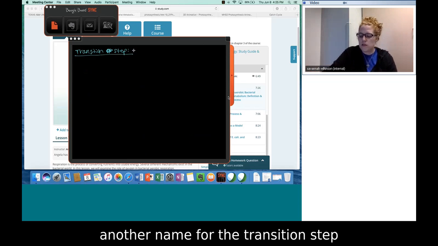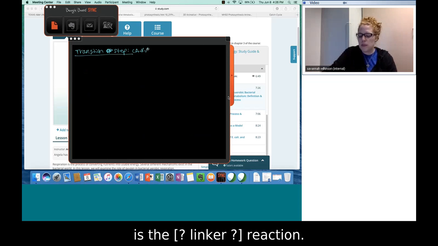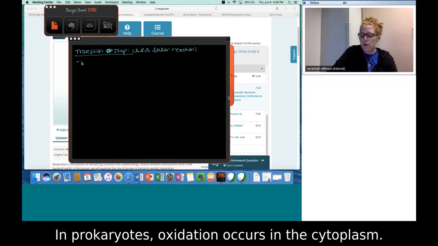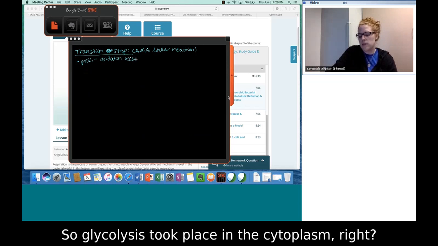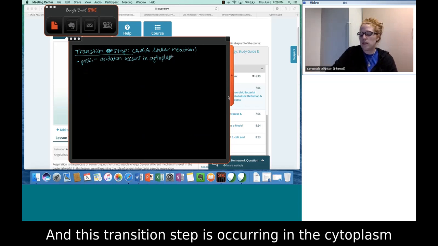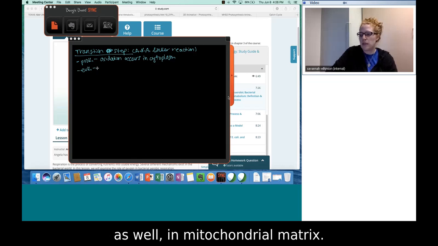Another name for the transition step is the linker reaction. In prokaryotes, oxidation occurs in the cytoplasm. So glycolysis took place in the cytoplasm, right? And this transition step is occurring in the cytoplasm as well.